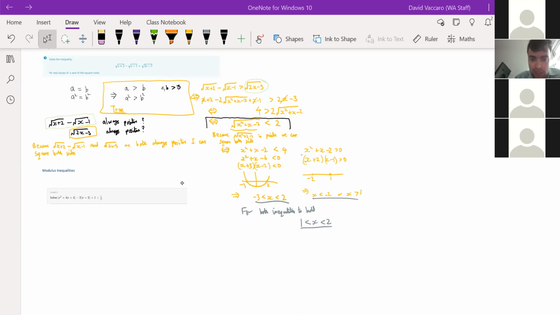So to recapitulate, I've checked that this square root, x squared plus x minus 2, is in the right range, that it's between 0 and 4. But is there anything I've not considered?